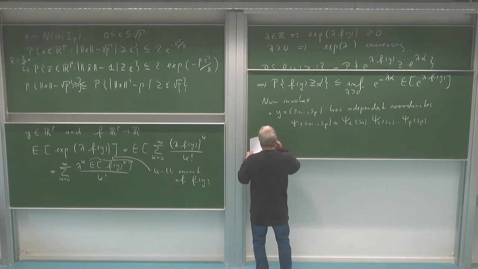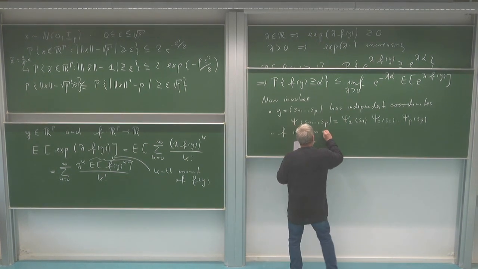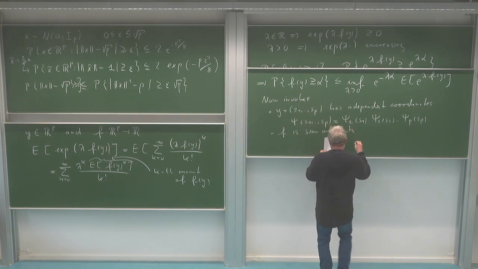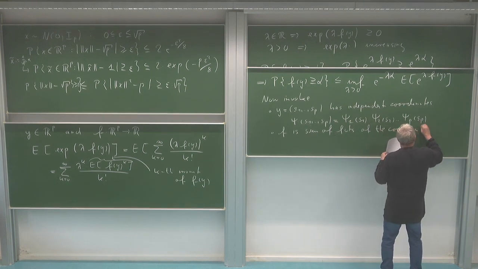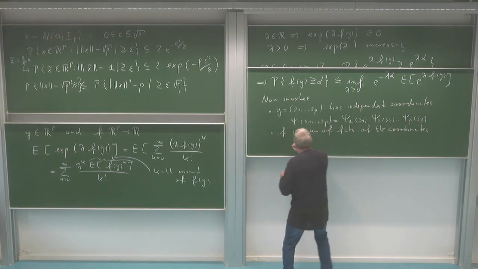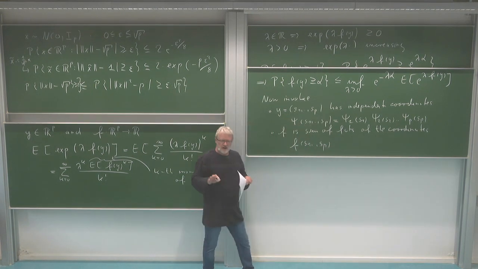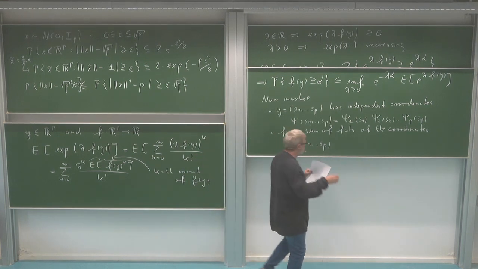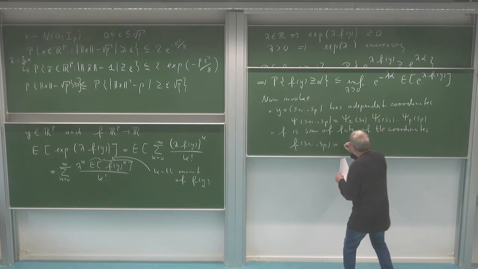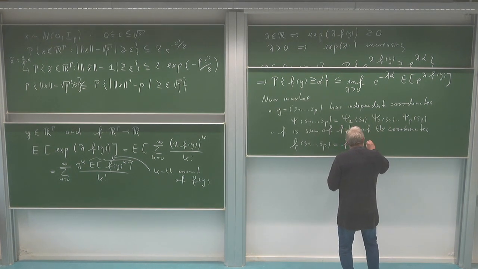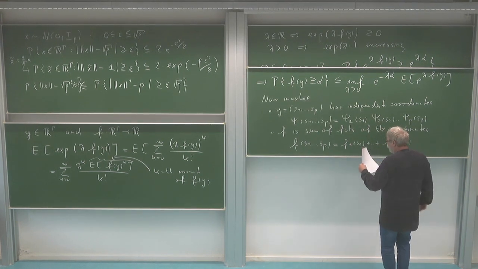So f is a sum of functions of the coordinates. It's a very special setting where it's a sum, and it can be functions of each of the coordinates: f1 of s1 plus and so on, fp of sp.